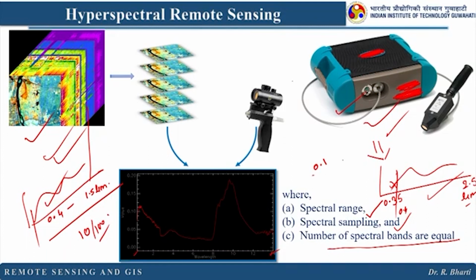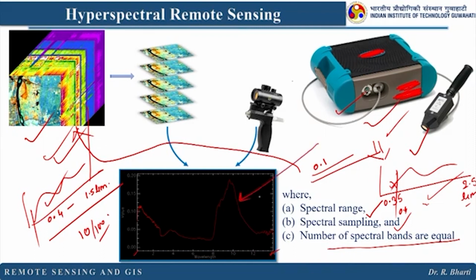You have to resample this information or this spectra as per the requirement of this image. So, if it is 10 nanometer interval, then here you have to average 10 nanometer values together, and then it will exactly match with each other.